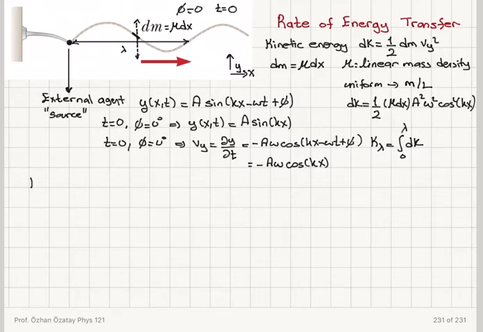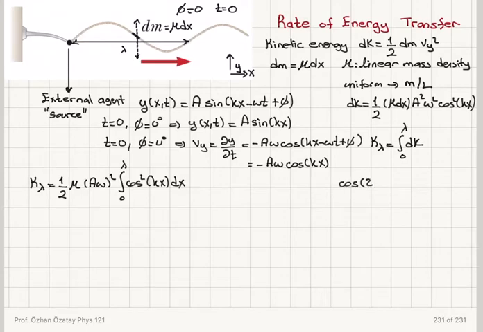So what is this integral? What is the total kinetic energy carried in one wavelength? It is 1 over 2 mu A squared omega squared integral over one wavelength of cosine squared kx dx. And now I remind myself that I have the following relationship between cosines and sines.